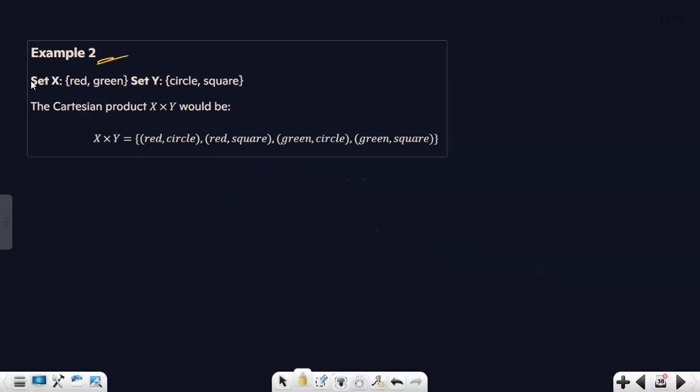So we have a set of colors, with two colors in our set, red and green, and in the other set we have shapes, circle and square.